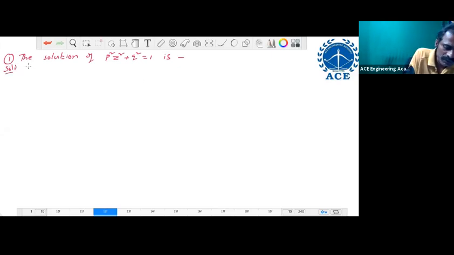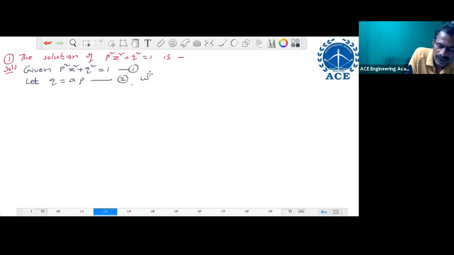Let us do this problem. Given p square z square plus q square equal to 1. Call this 1. According to our method, let us assume q equal to ap. Call this 2, where a is an arbitrary constant.